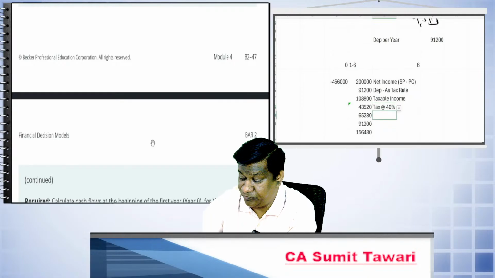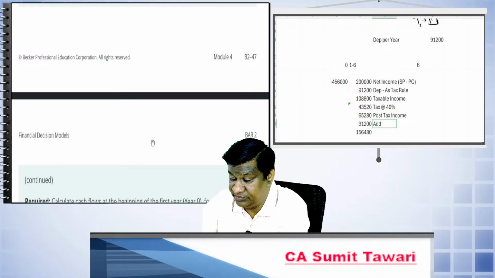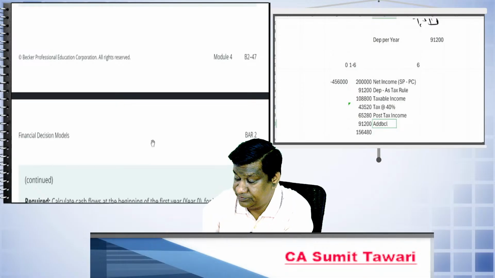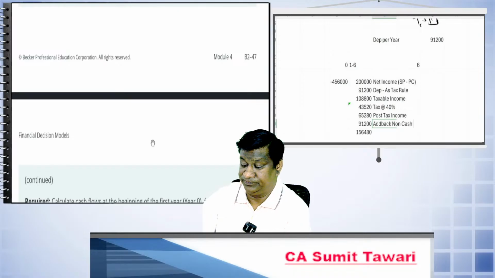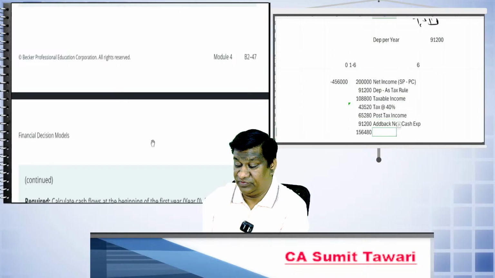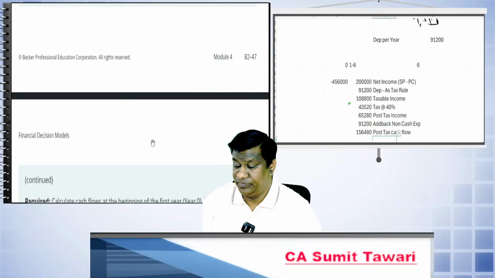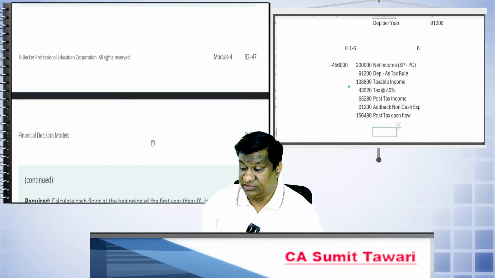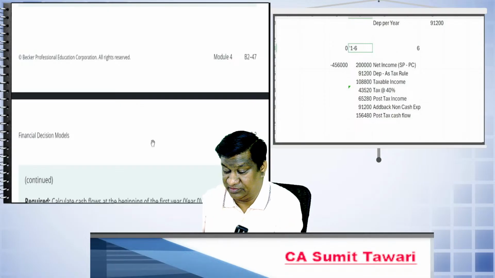And this is post-tax income. Then add back depreciation, the non-cash expense, which gives me the post-tax cash flow. This is for years 1 to 5, sorry, not 6 year.